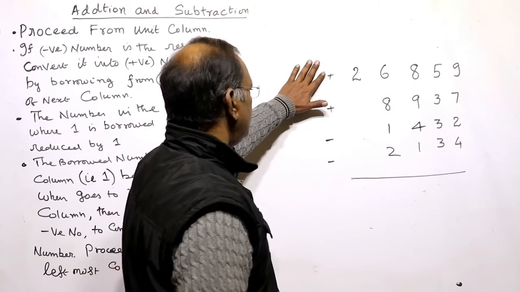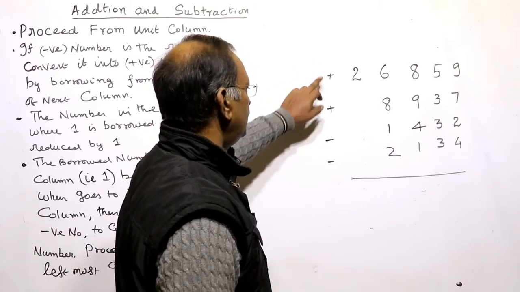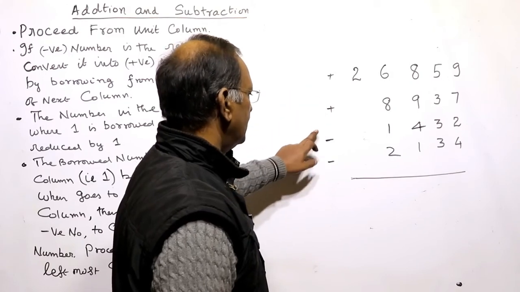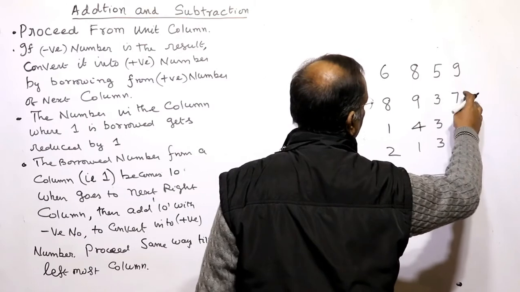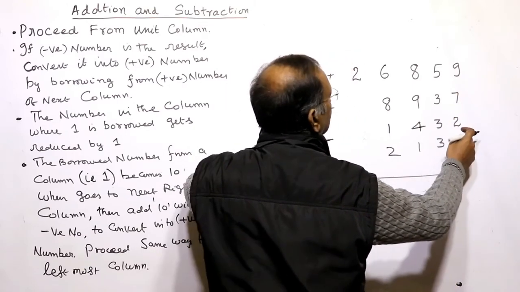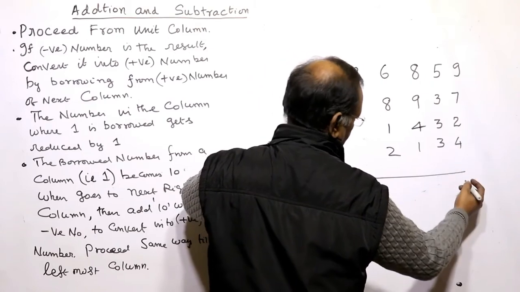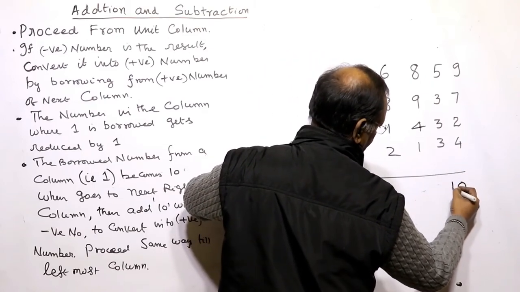So this is positive, this and this are added, to be subtracted with these two. There is positive, add, subtract. So we'll start doing this one. This is 9 plus 7 is 16. 16 minus 2 is 14. 14 minus 4 is equal to 10.